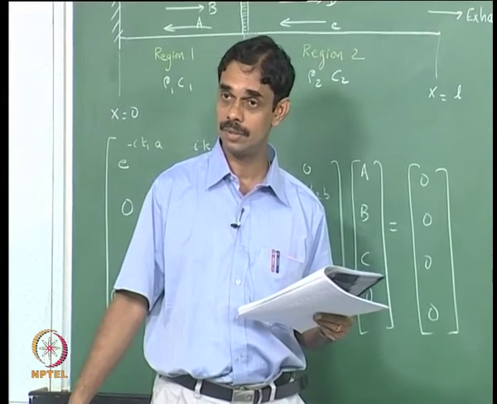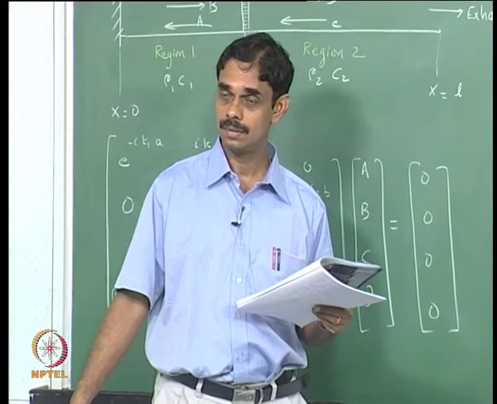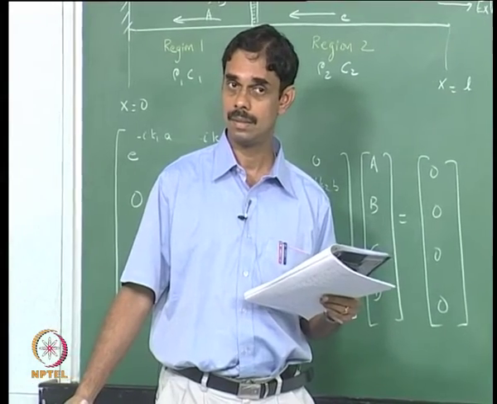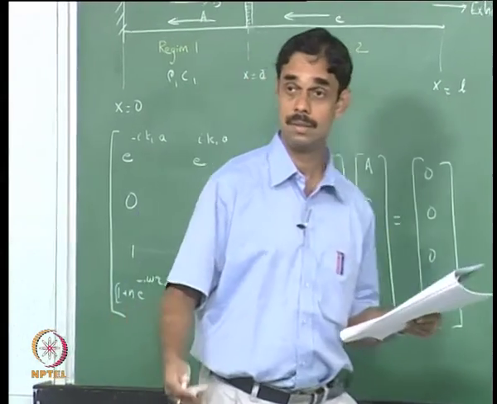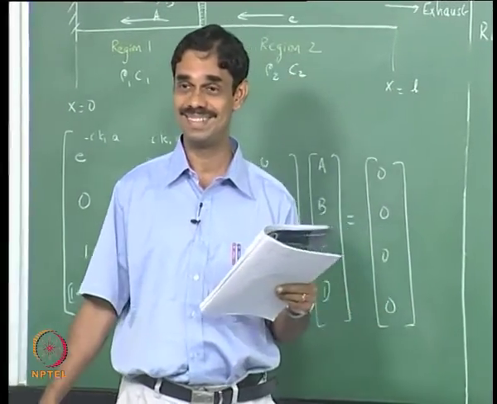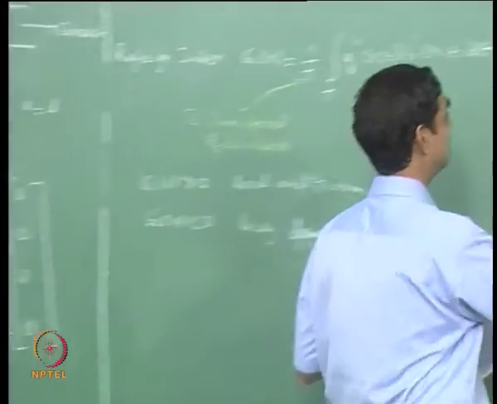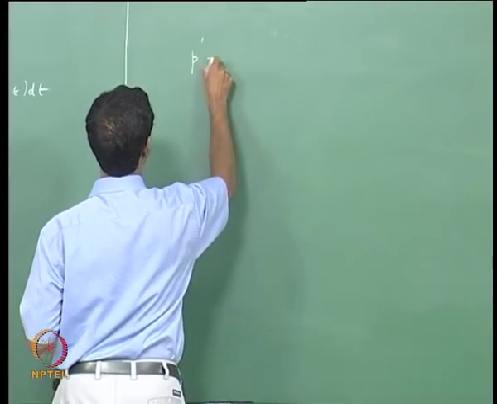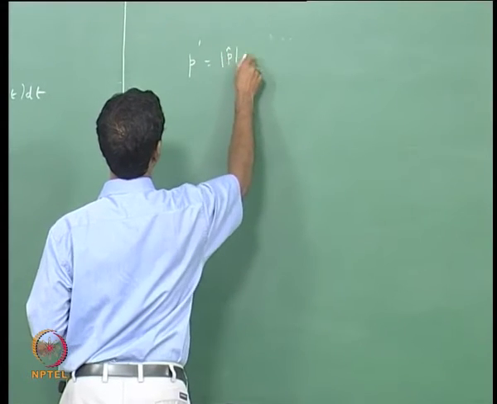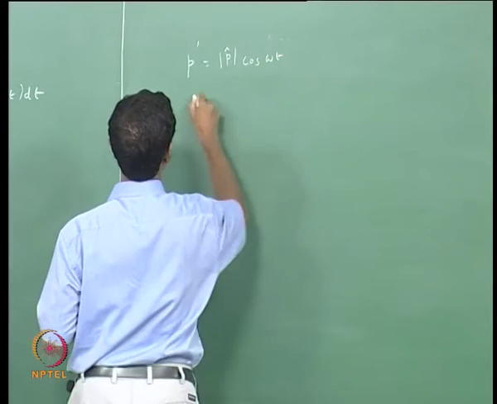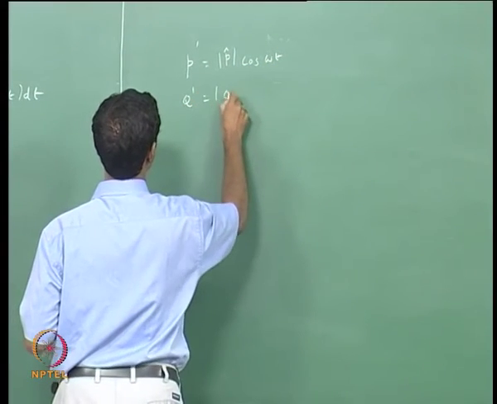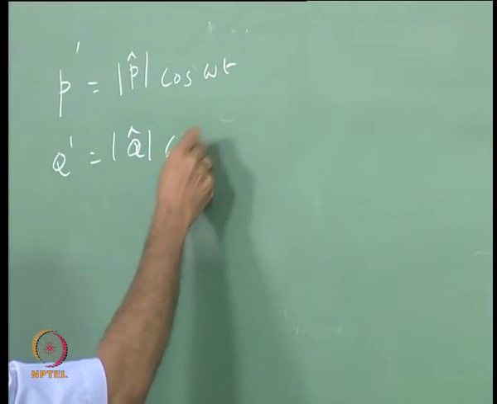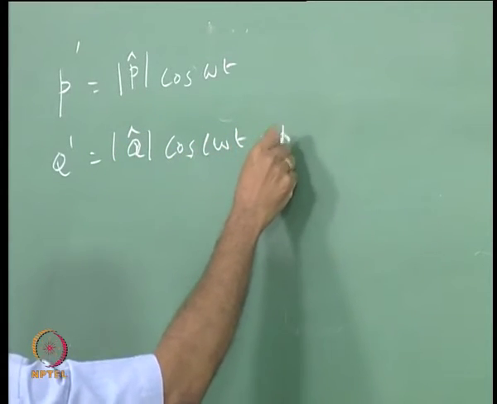I hope it is clear how we got it. Should I do it again? So we have P prime as cos omega t, Q prime as Q hat cos omega t plus phi.